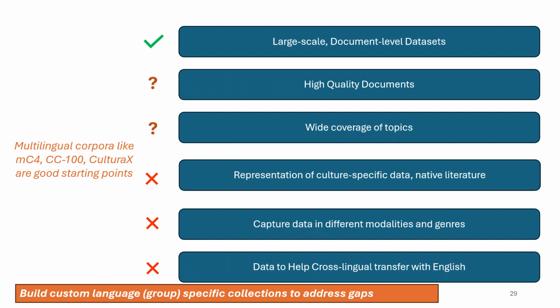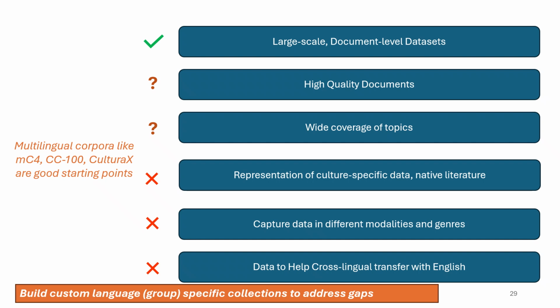They're mostly text only and don't have data from other modalities, and might not do much to help cross-lingual transfer. So the solution is maybe to build custom language-specific collections of data to address these gaps, which different language groups that are interested are better positioned to build.